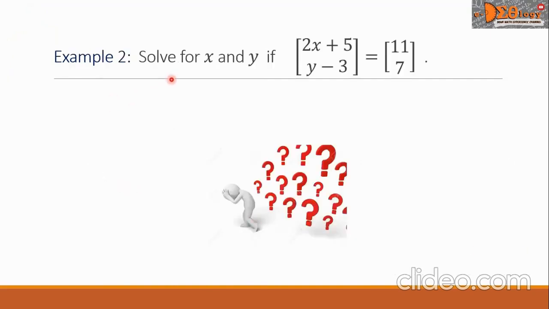Example 2, solve for x and y if the column matrix with first entry 2x plus 5, and second entry y minus 3, is equal to the column matrix 11, 7 respectively.